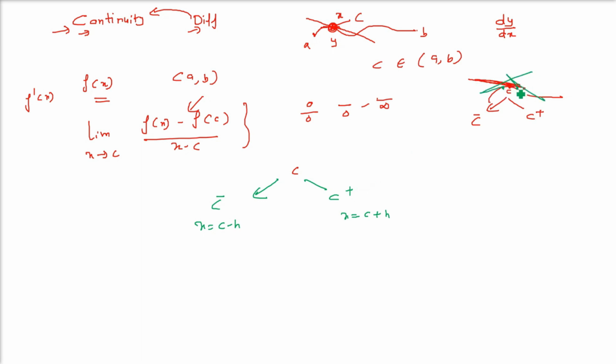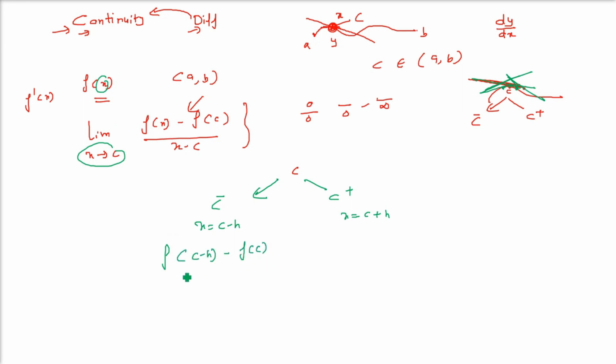Just like the left hand limit and right hand limit, here the left hand derivative and right hand derivative ought to be the same. There is only a single line, not multiple lines. Otherwise it has two slopes.